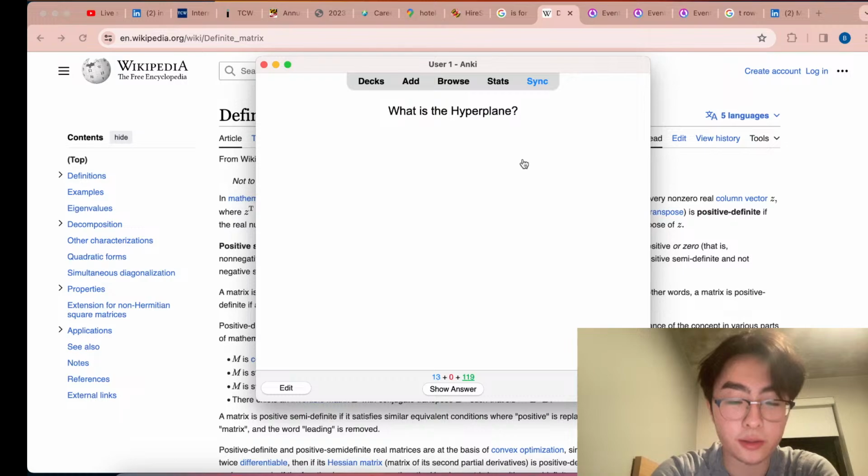The hyperplane was the decision boundary that would split our data sets, or sample space, into 2 different halves. Whatever was on one half of the hyperplane was classified as some class, and on the other half it's going to be a different class. So the hyperplane is really just the decision boundary.